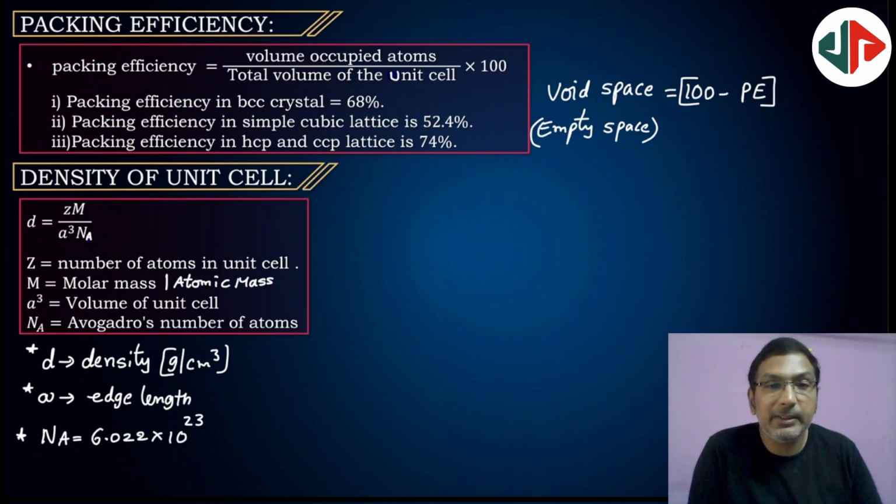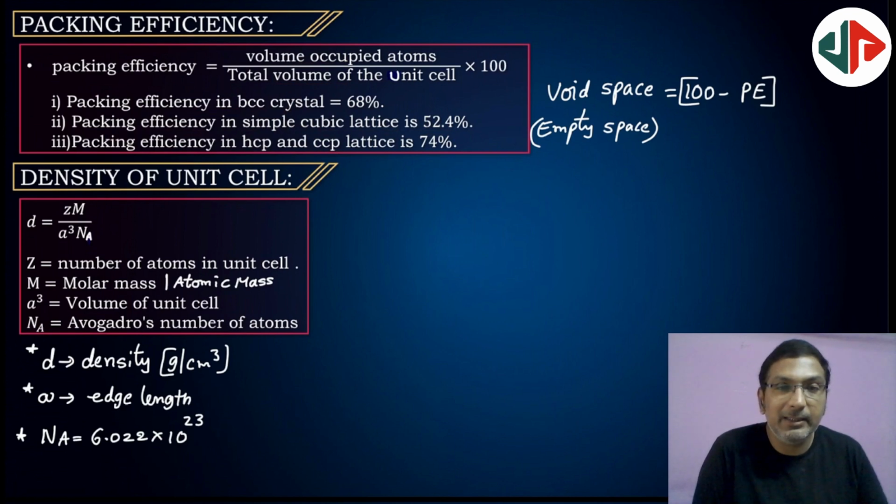So based on this, we can calculate density. So here this is packing efficiency and density.